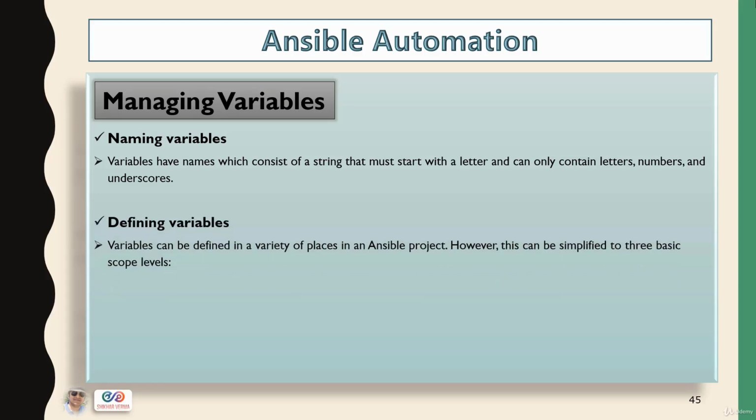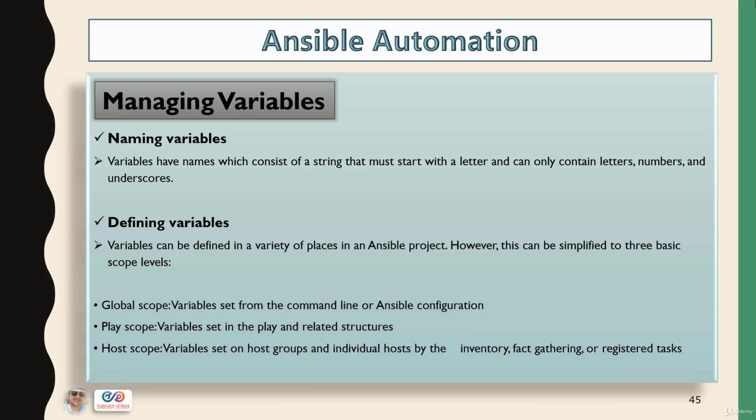Defining variables. Here it is saying where all you can define variables. Very first, you can define a variable in global scope. It means that you can define the variable in the Ansible configuration file. Also, suppose you have created an Ansible playbook, but in the playbook you have not defined any variable.